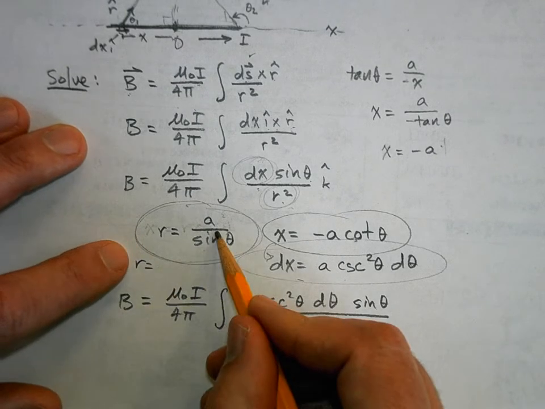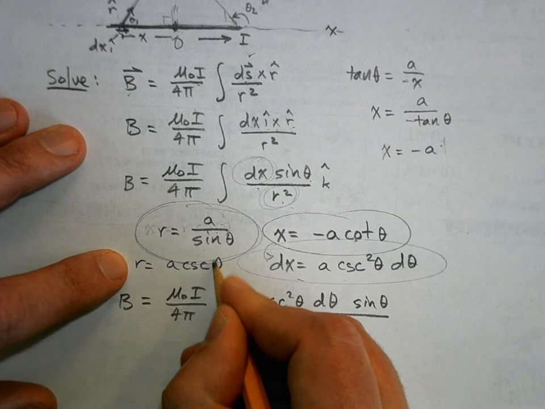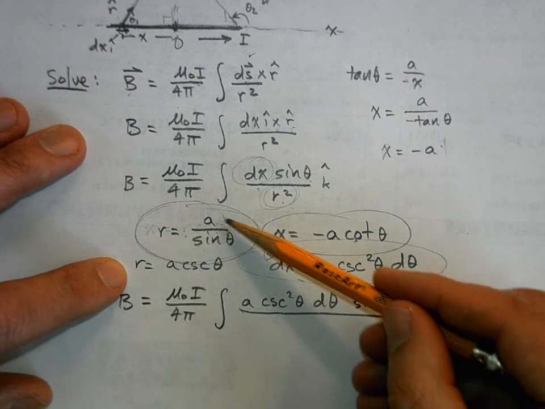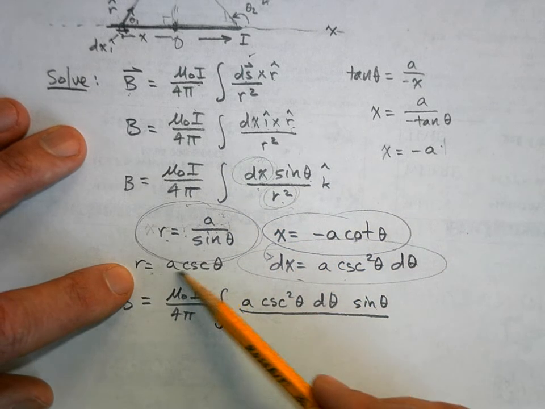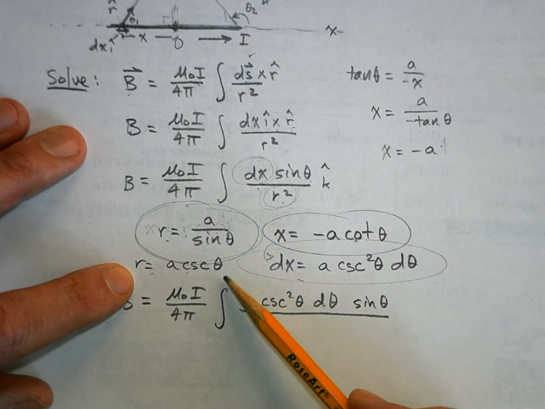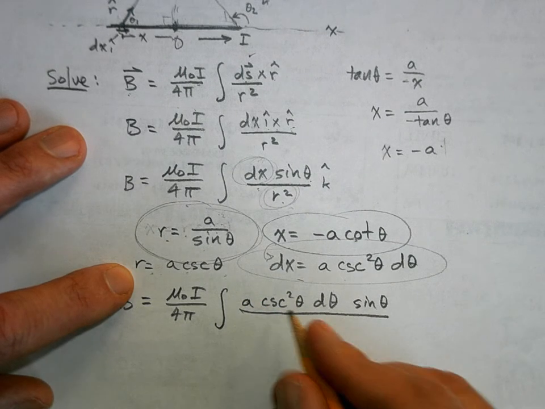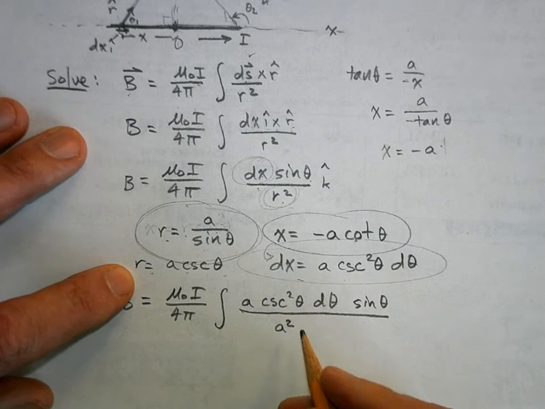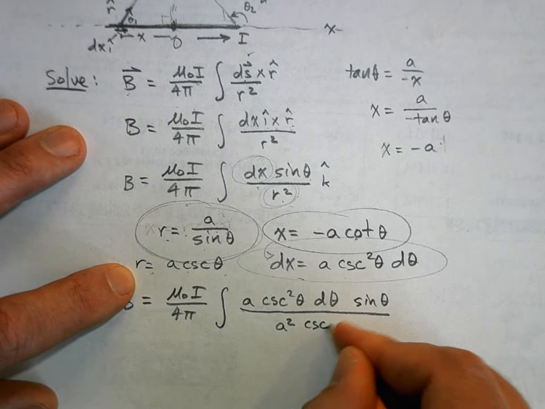If r equals a over sine theta, then r equals a cosecant theta, since 1 over sine theta is cosecant. Squaring it, we get a squared cosecant squared theta.